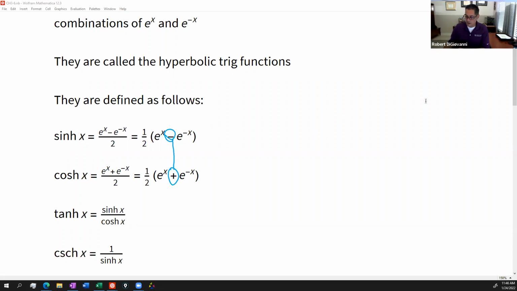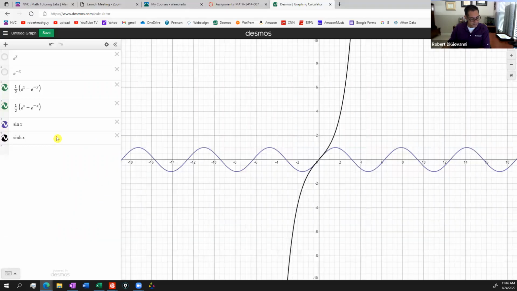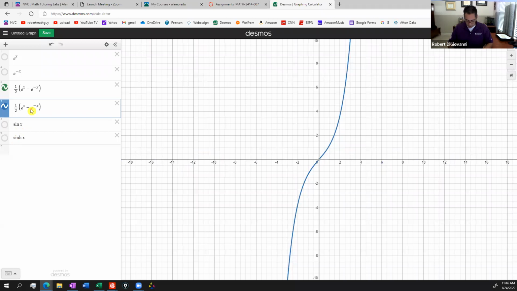Okay, well, let's see. How does that change our graph? Let's go see. So all I'm going to do is I'll change this one to a different color. Let me do blue here. Let me get the sine hyperbolic out of here. Let's take sine out. Change this to a plus.